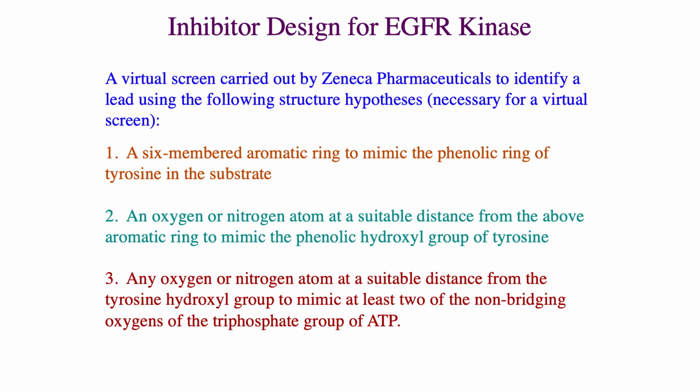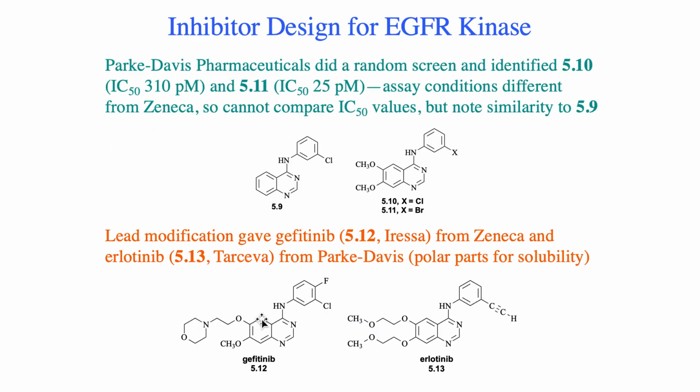And so they found different drugs that work pretty well, and they all look similar. In this case, this is from Zeneca, so that's what's from their screen. That's ended up being how it looked. So they have their tyrosine group and their ATP type group.